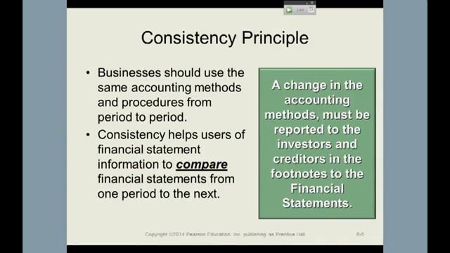If you violate it, it's accepted as long as there is enough disclosure to enable a reasonably informed user to understand the differences and compare. The footnote would say, I changed my method of accounting to X, and that method now has doubled my net income. So nothing changed economically, it just changed my method.